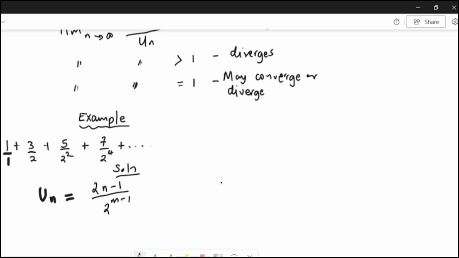And for the denominator, say for this one you're going to have 1, 2, 3, 4.